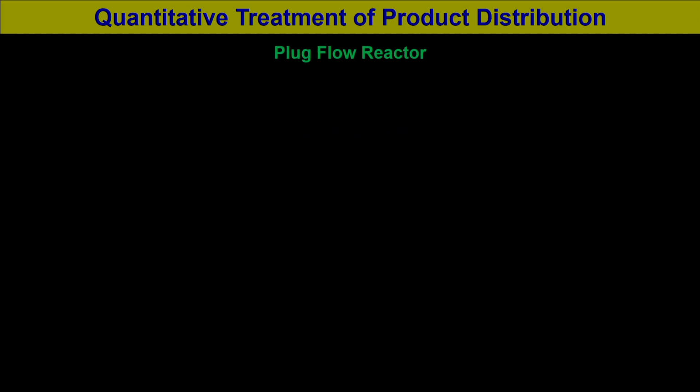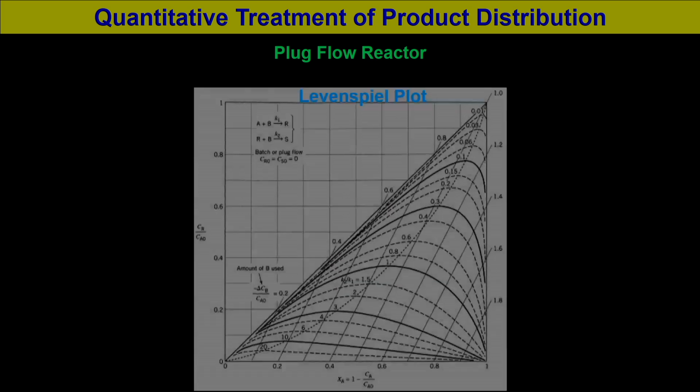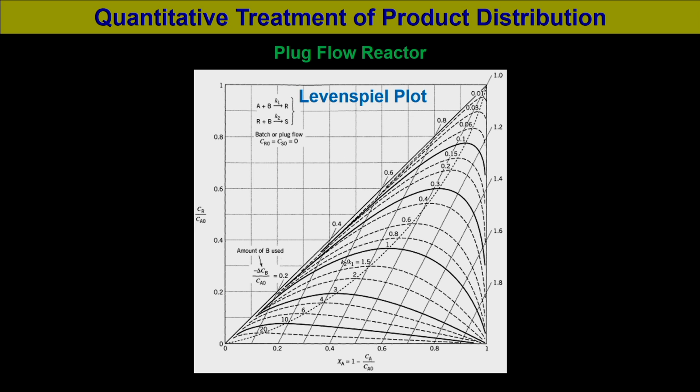Now, let us see the Levenspiel plot for different K2 by K1 values and different Cb by Ca ratio, how the product distribution changes or how the product distribution can be calculated from the Levenspiel plot for series parallel reaction in a batch or plug flow reactor.